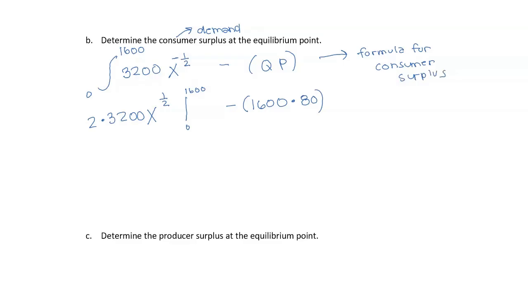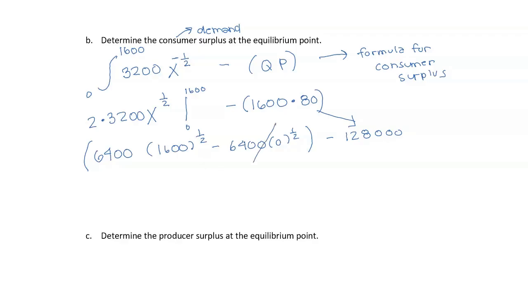Now I want to evaluate this integral from 0 to 1,600. So first I'm going to do 2 times 3,200. So that's 6,400 times 1,600 to the 1/2 and minus 6,400 times 0 to the 1/2. And then this will be minus 128,000.